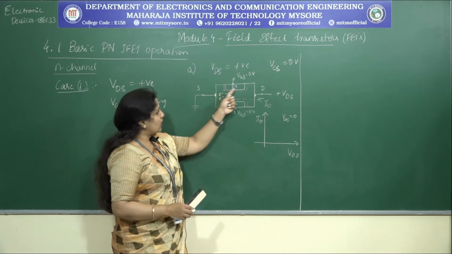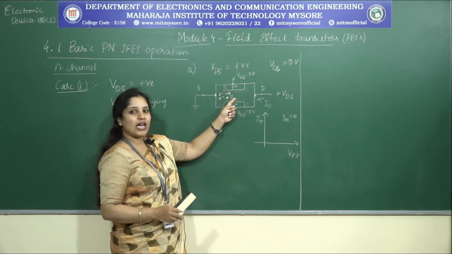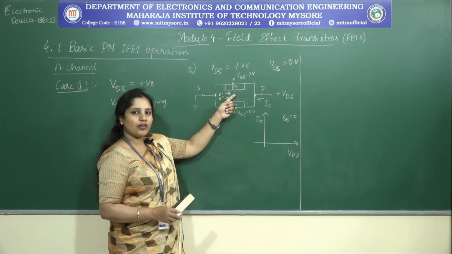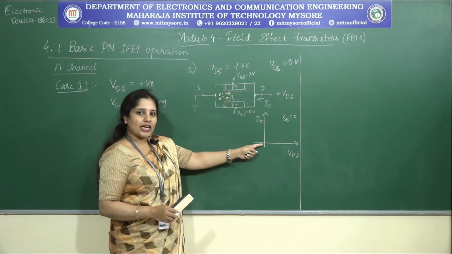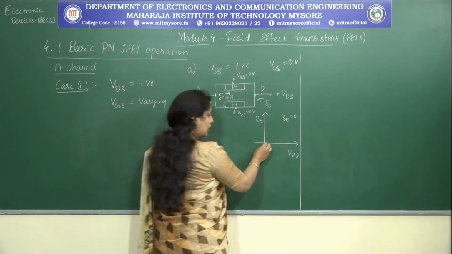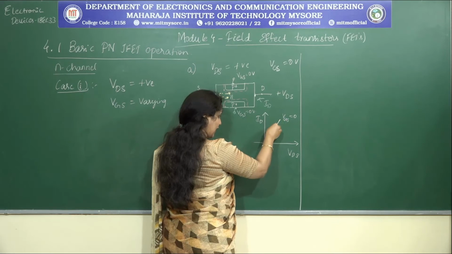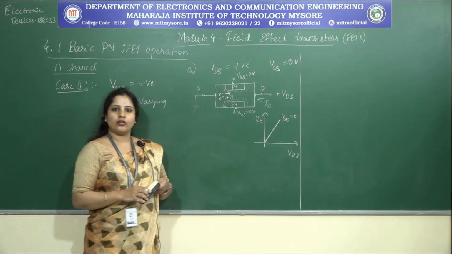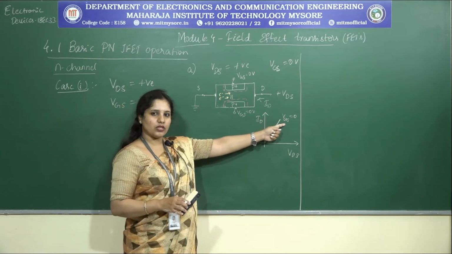The N type channel has a certain resistance, and therefore the characteristics between VDS and ID will be linear, behaving just like a resistor characteristic, and that is what I am trying to represent here. And this is regarding the case when VGS is equal to 0.